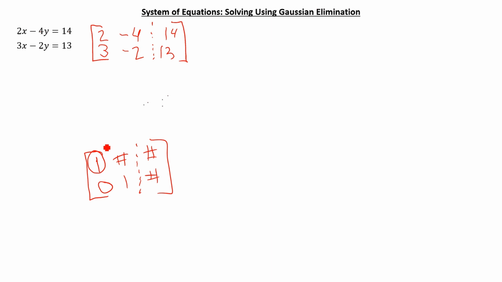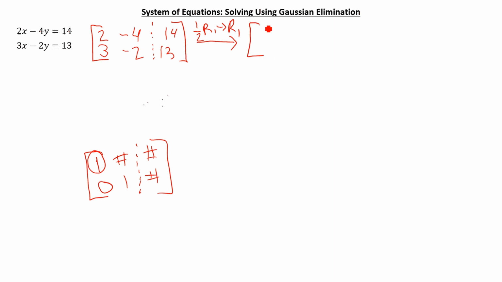So our goal right now is to make that into a 1. Sometimes, if there's a 1 in another row, it would be easy to just switch the two equations. But since we don't have a 1, we're going to make that 2 into a 1. In order to do that, remember, division doesn't exist, so we are going to multiply by 1/2. We're going to take row 1, multiply it by 1/2, and put it back into row 1.